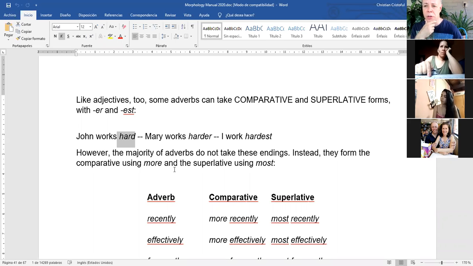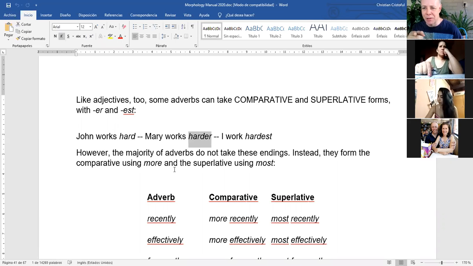It's not that John is stiff. No, it means that it describes the way he works. Okay. And then Mary works harder. In this case, the word harder is a comparative adverb.